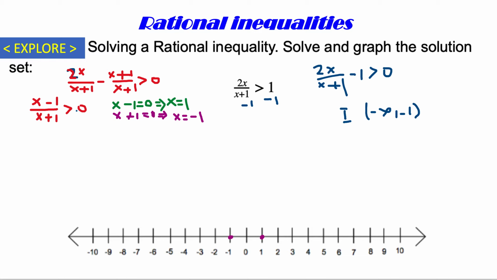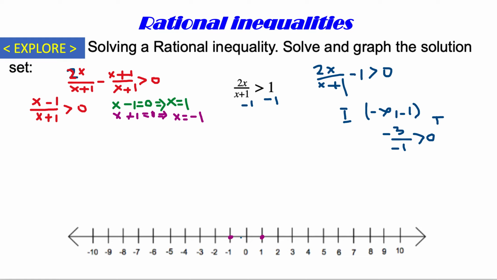If I'm taking minus 2, minus 2 minus 1 is minus 3, and minus 2 plus 1 is minus 1. Is this greater than 0? This is true because negative 3 divided by negative 1 is positive 3. So this is part of the solution.